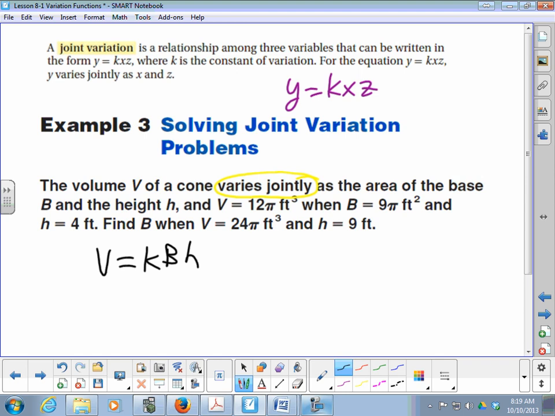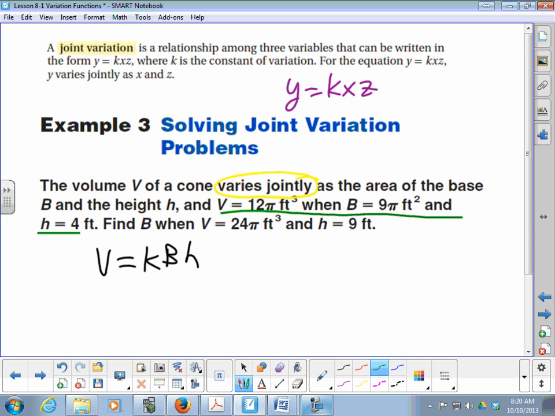We just need to find this value of k, this constant of variation. So it says V equals 12 pi when B equals 9 pi and h equals 4. So here we've got a situation. They give us all of those key values, V, capital B, and h.